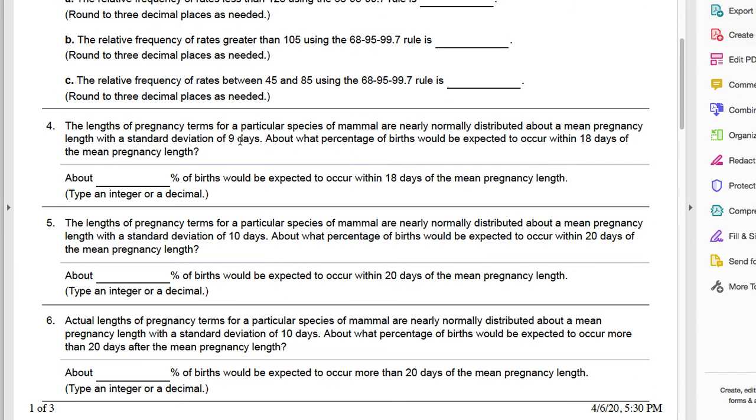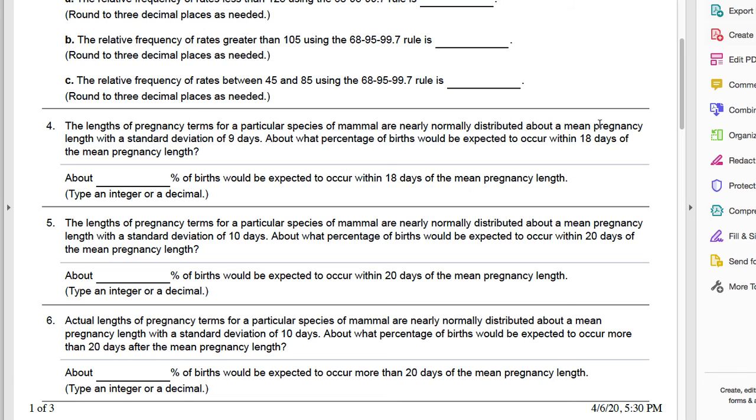So let's look at 4 and 5. They're normally distributed, with a standard deviation of 9 days for pregnancy length. What percent would be expected to occur within 18 days of the mean pregnancy length?